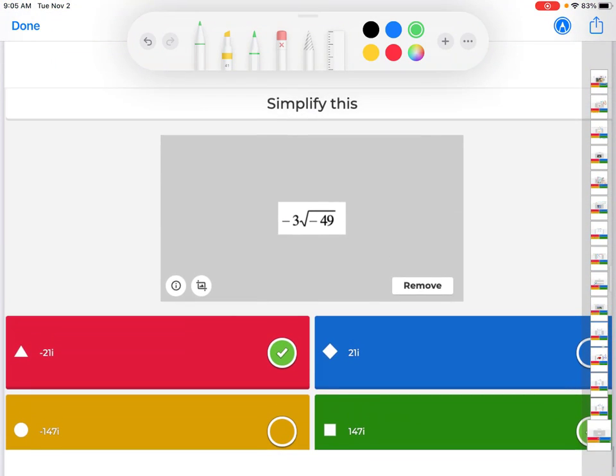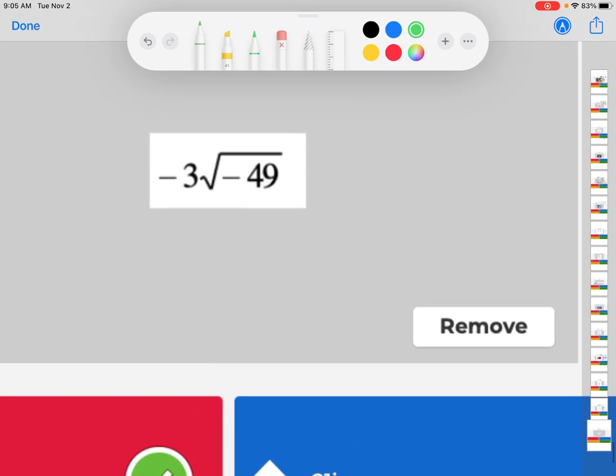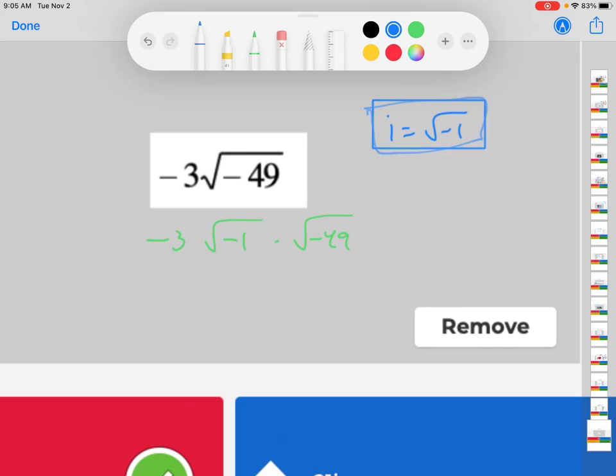And the last one tells you to simplify. -3 times the square root of -1 times the square root of -49. What did pirates say? Aye. Okay, so I have the square root of -1. Instead of writing that, I'm going to write i.